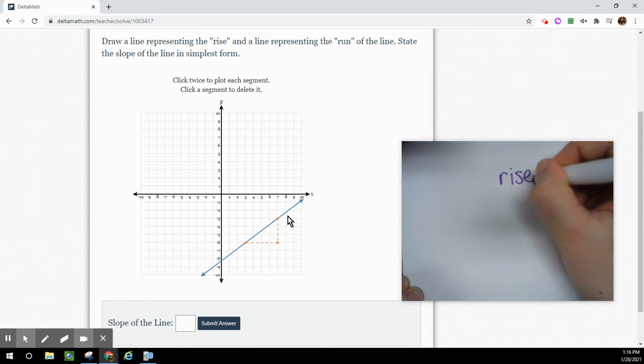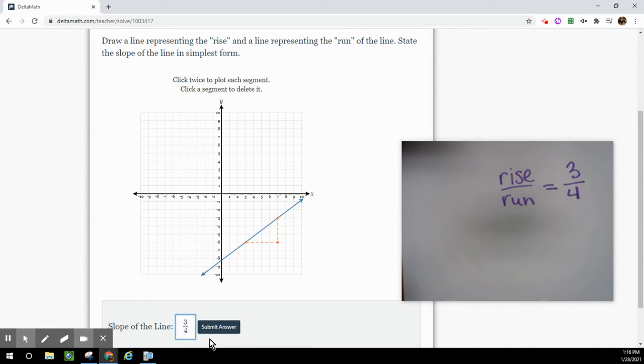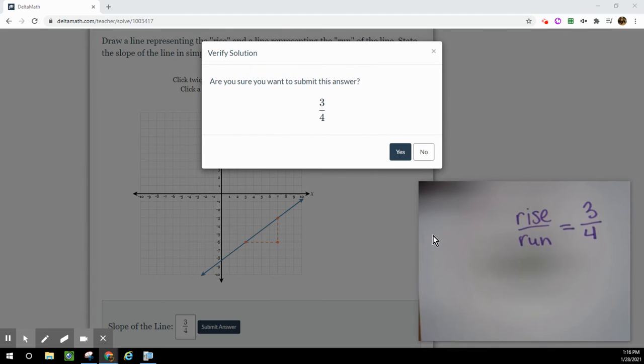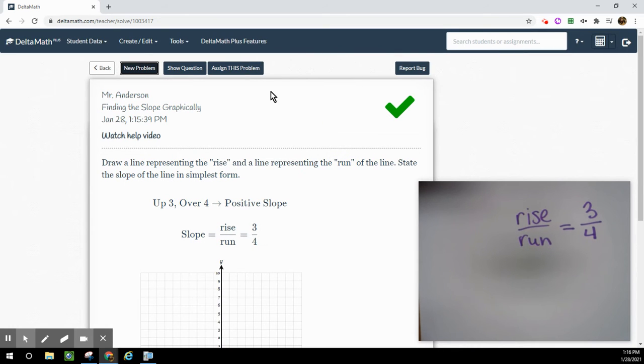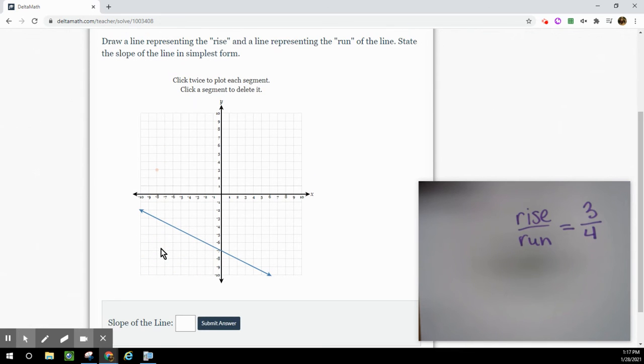So the rise over the run would be, it goes up 3, but to the right 4. So that means that the slope of this line is 3/4. This line has a negative slope, so find a point where it meets.